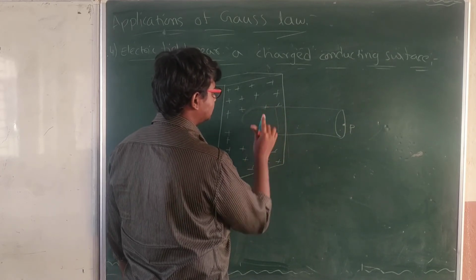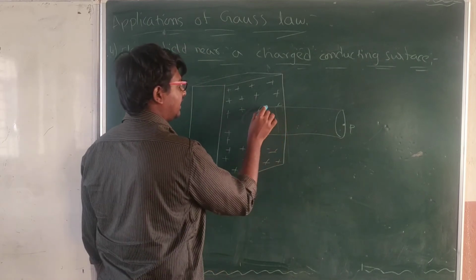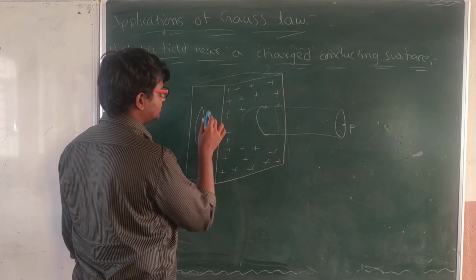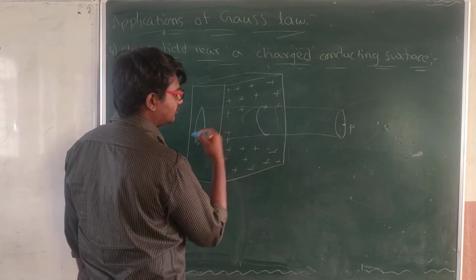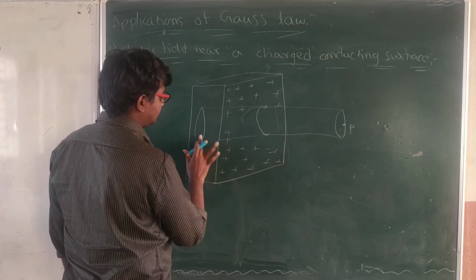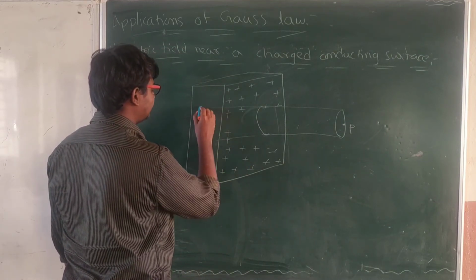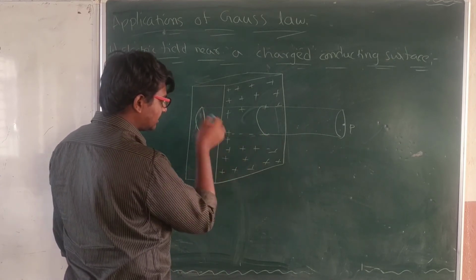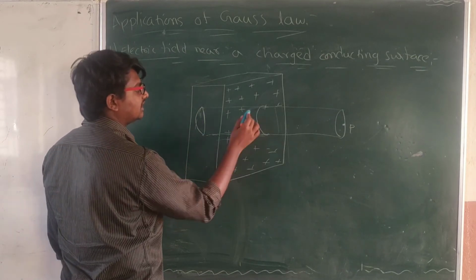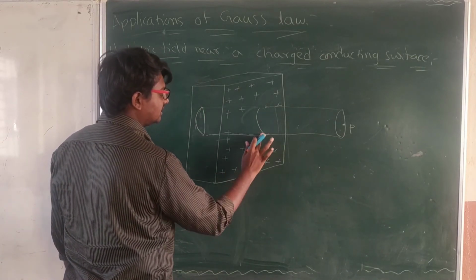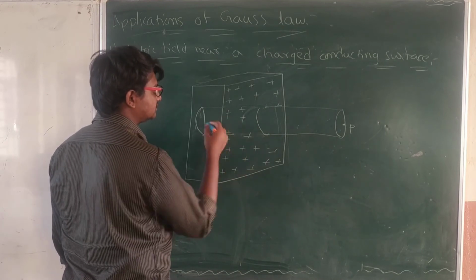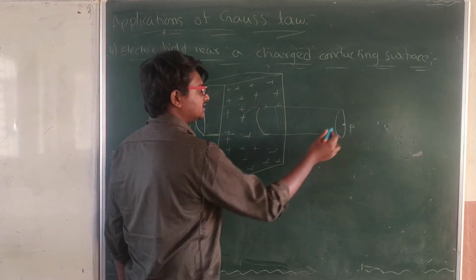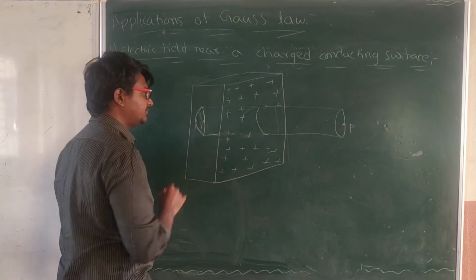Exactly from the same distance, the opposite point of P, means its mirror reflection point, is exactly inside the conductor. We are considering another point exactly inside the conductor. These all charges are at this position. This is P and here let's consider P dash.